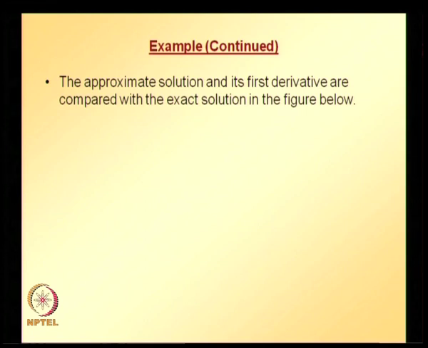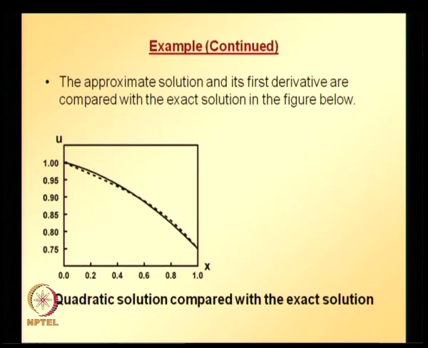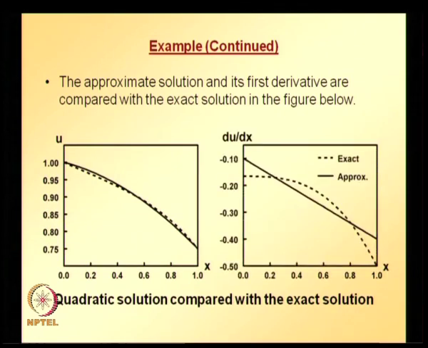And as we did earlier, we will see how the approximate solution and the exact solution match for u and also the derivative of u. That comparison is shown here. Here is where the 10% error is coming.